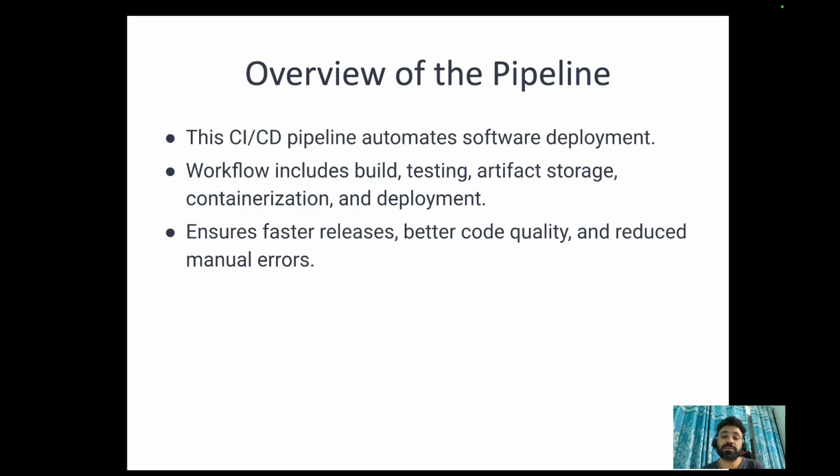Once this kind of testing is done, then we need to push our build to artifact storage. Post that we can create a Docker image, and later we can deploy in any environment. Environment means you can deploy in virtual machine, or you can deploy in Kubernetes or OpenShift cluster, or in any cloud.